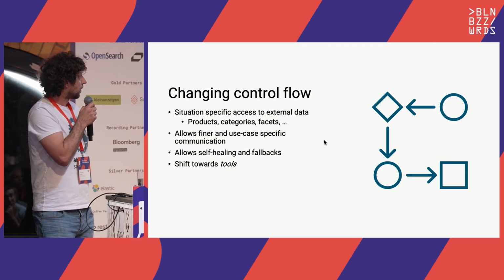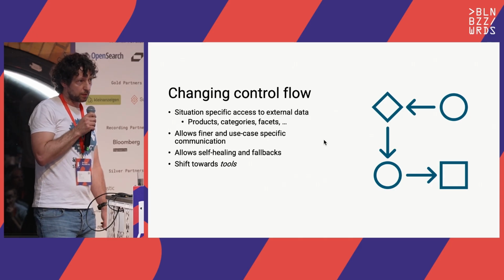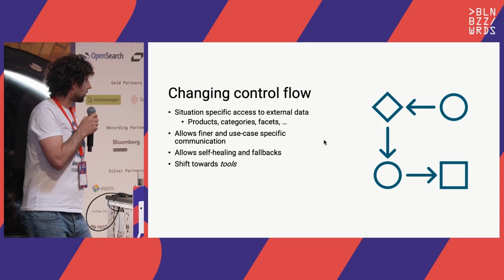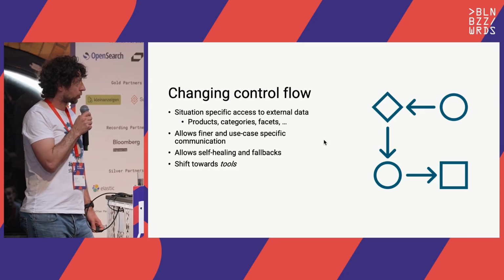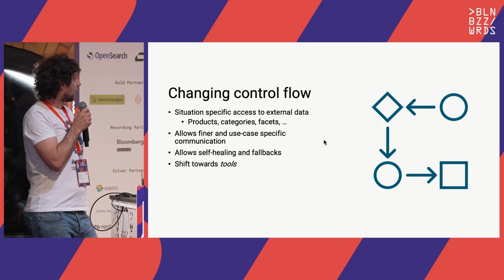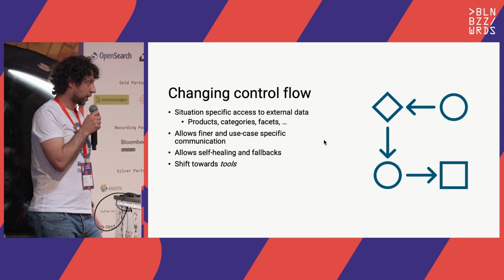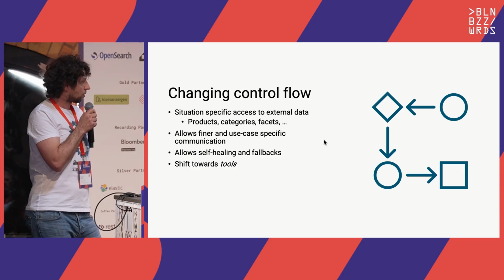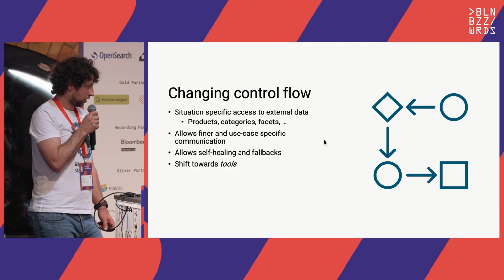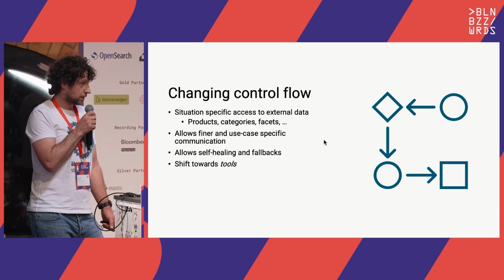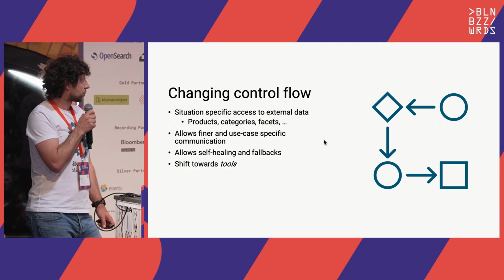But this means that we need to give up the control flow which we had in the first place, because the large language model needs much more control over the specific data to decide which and how much inspiration is needed. So we needed to change the control flow and create multiple tool sets and tools which the large language model can use.